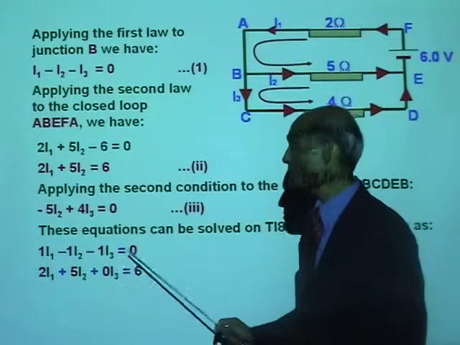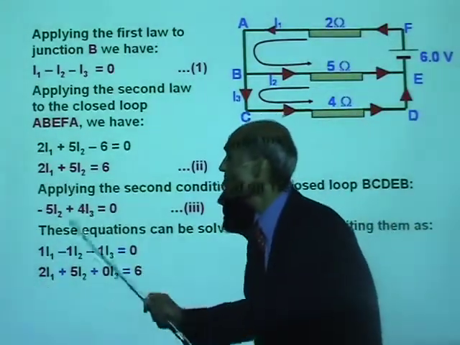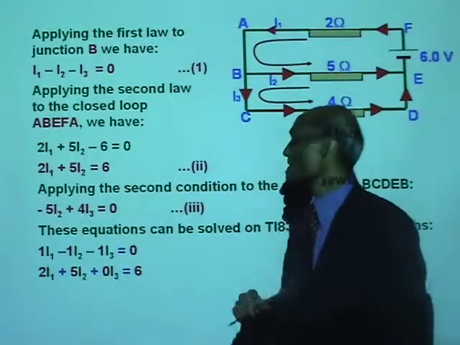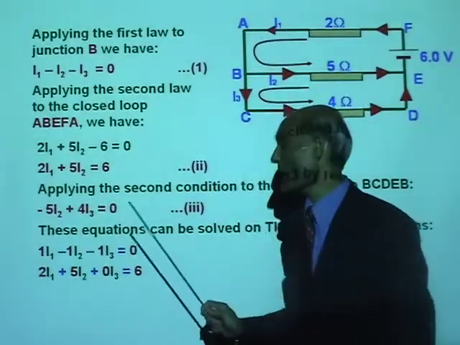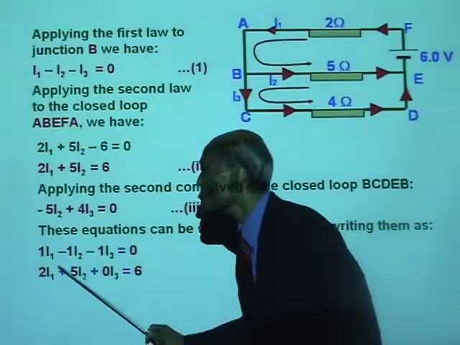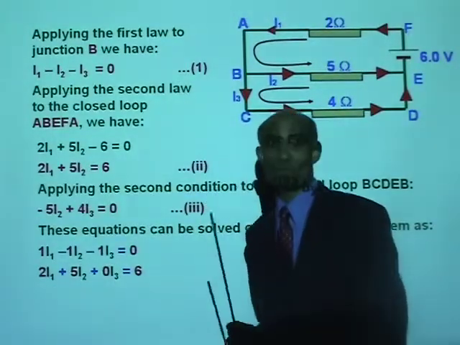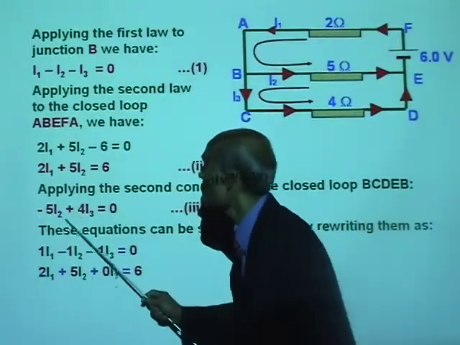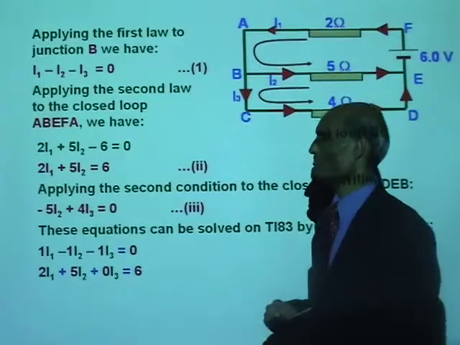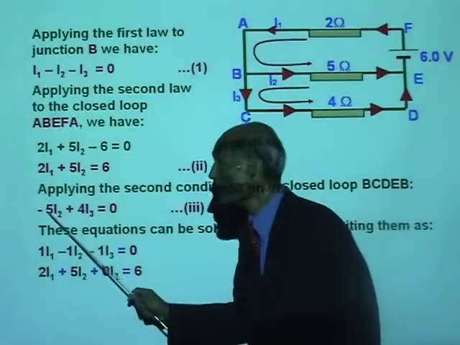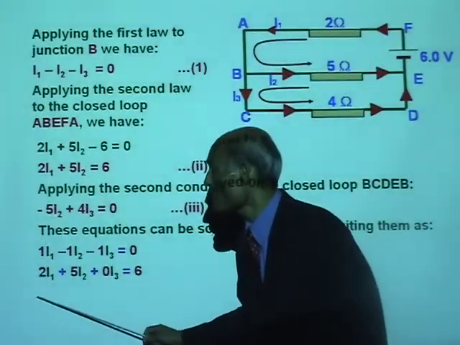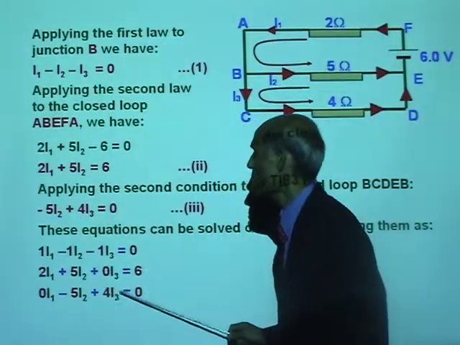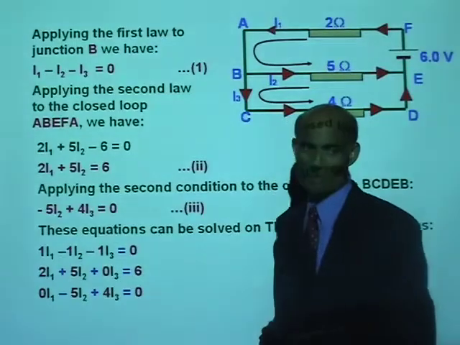So, look at the way I wrote it: 2I1 plus 5I2 plus 0I3 equal to 6, so that I can identify the coefficients of each of the variables. Alright? Okay, how will you write the third equation in that form? There, I1 is missing, so that will be 0I1 minus 5I2 plus 4I3 equal to 0.